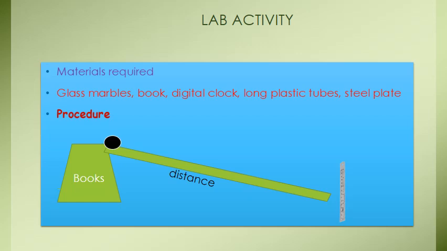If you allow the marble to go down, as you already learned, initially it goes with less speed, and its speed increases gradually. That means it covers less distance in the first second and more distance in the next seconds, isn't it? So let us allow the marble to go down.